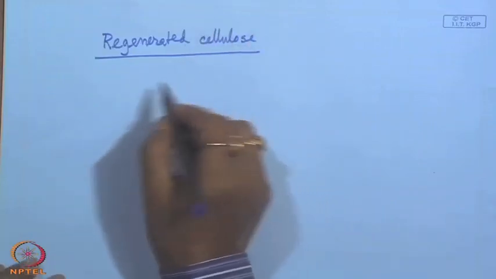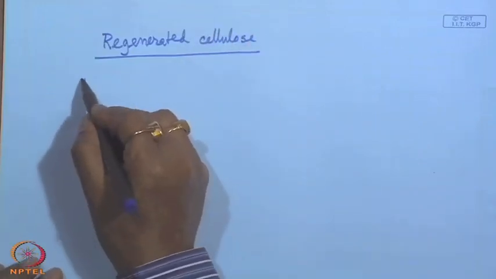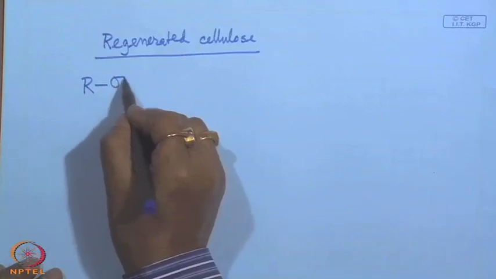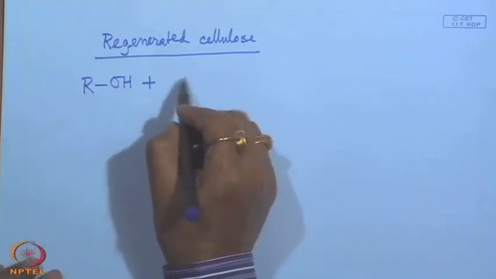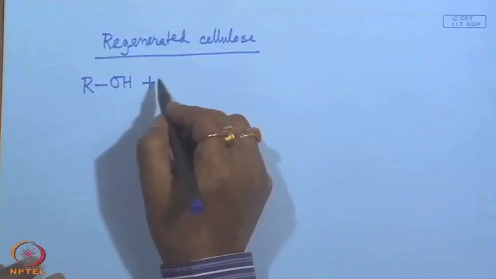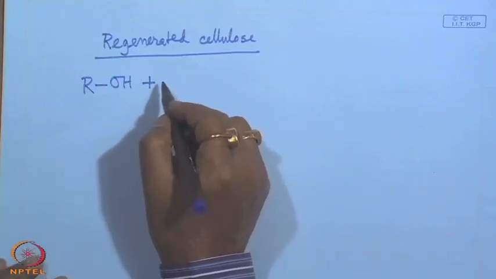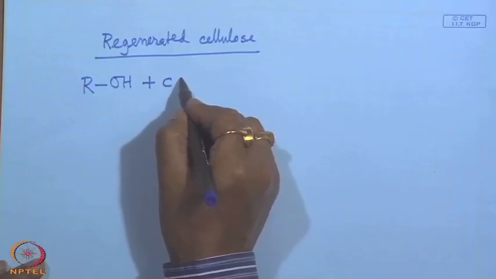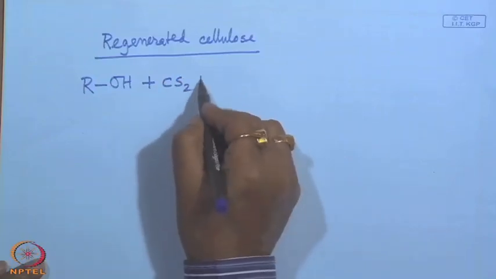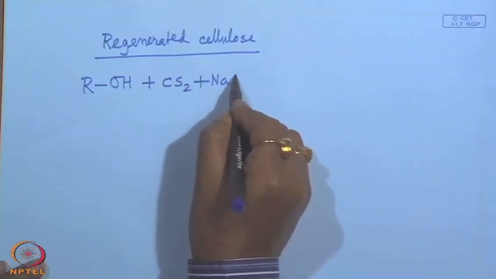It is prepared by, suppose this is cellulose ROH, in one of the different regeneration processes, reacting it with carbon disulfide and sodium hydroxide.